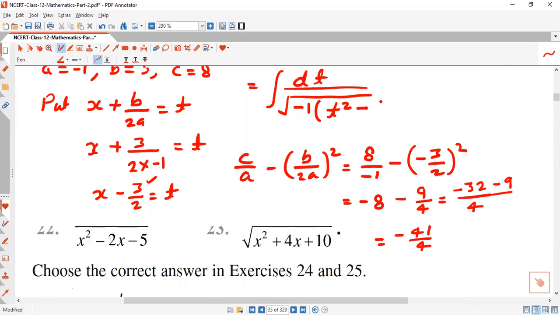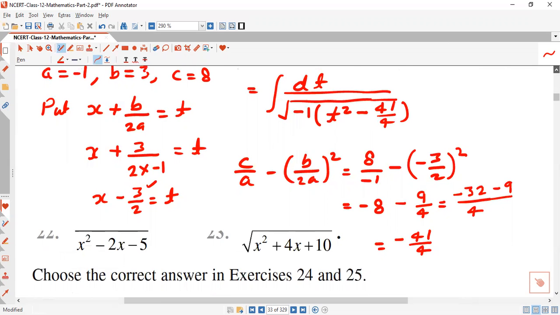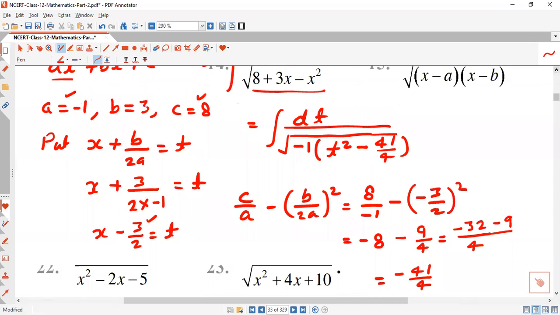So you put the value minus 41 by 4 here in this dt. See, this value is coming somewhat odd, so check here whether everything is right. b is 3 upon minus 2, minus 3 by 2, and c is 8, 8 upon minus 1, minus 8 minus 9 by 4. It comes out 32 minus 41. Okay, fine, this odd value is coming. That's why we have to check it out here.